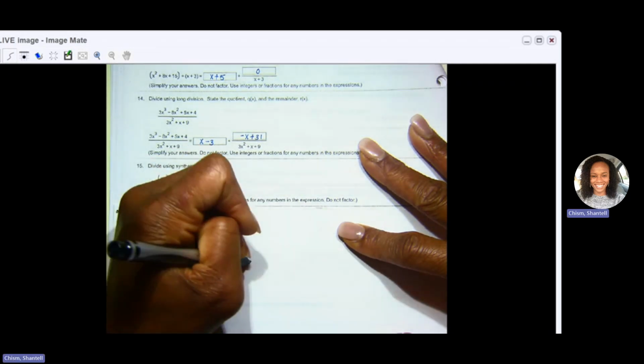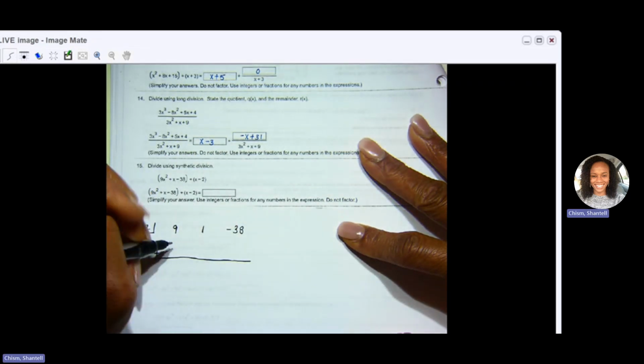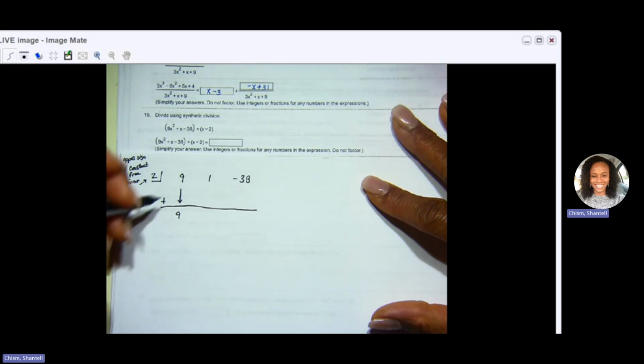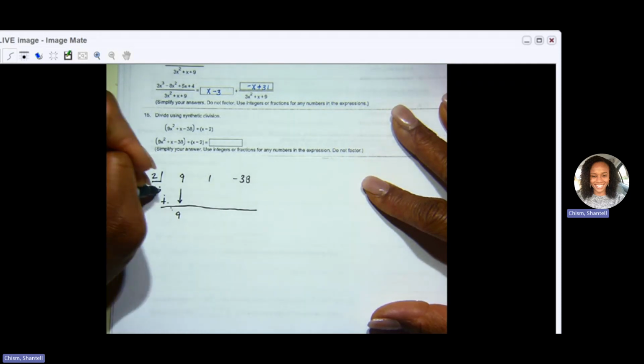I'm going to save some space here. Put a plus there, but I always drop down that first term. I've got to have a starting point. Okay? So I say 2 times 9. I'm putting a little dash here so that you see where that comes from.